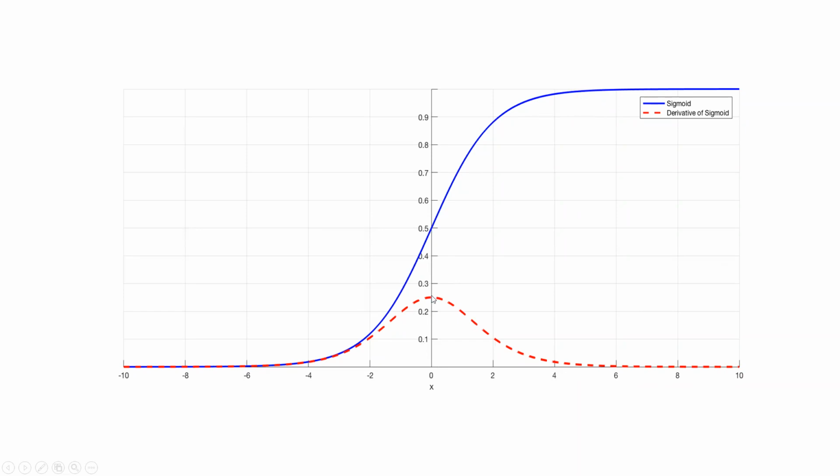Your values are squashed between 0 and 0.25. And if you look, large values of x are going to be small in the response. So if we have a value of 8, it's 0. And again, for the magnitude of negative numbers, if they are large, then you will end up with 0 as well.